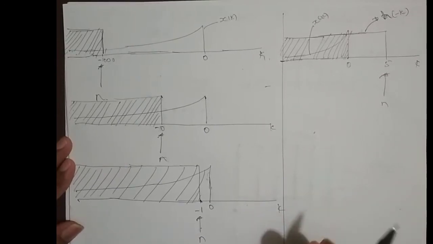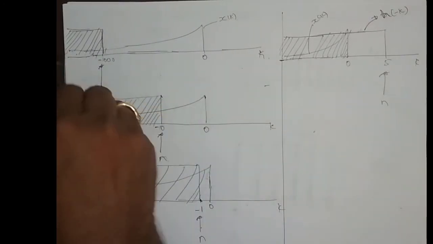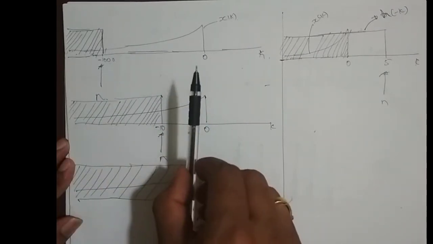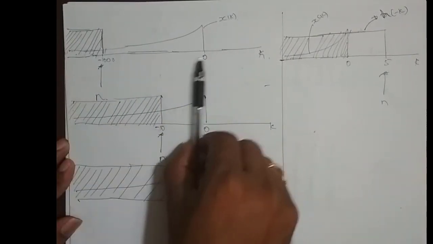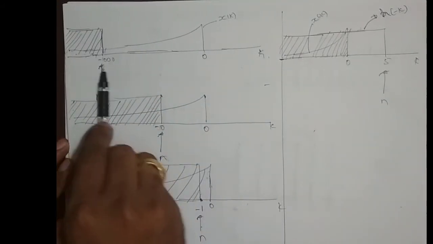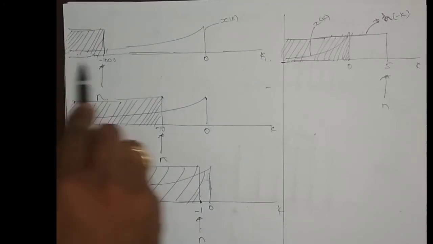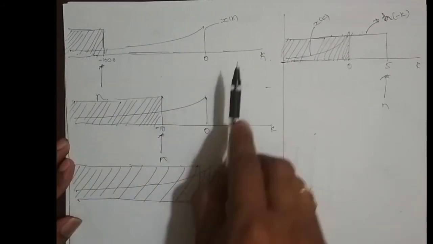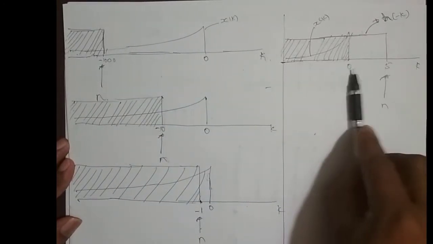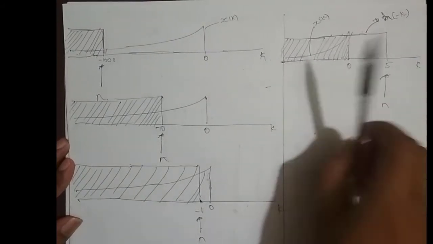From minus infinity to 0, the equation for the overlap region will vary depending upon where I keep this n, whereas after 0, wherever you keep your slider till infinity, the overlap region will remain constant.